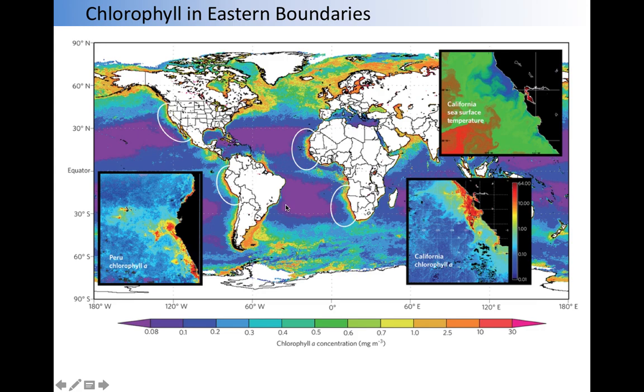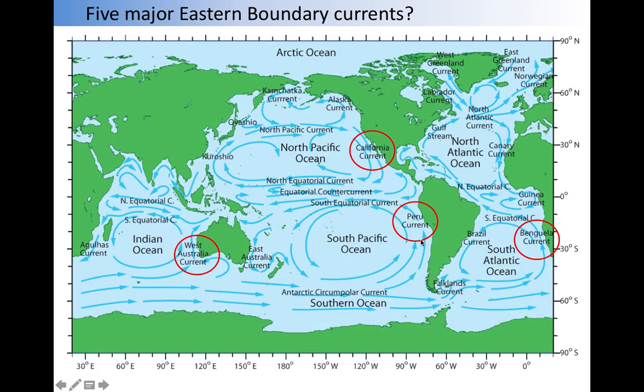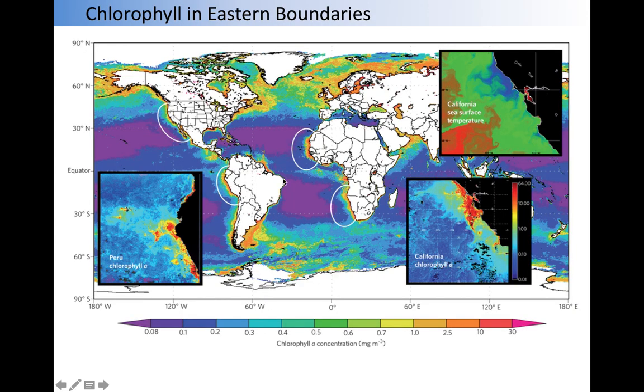An example for the eastern boundary is California. If you look here: California, Peru, Benguela, Canary, and the Western and East Australian current areas. The maps are a little bit shifted, but comparing SST versus chlorophyll concentration, they show a coherent structure.